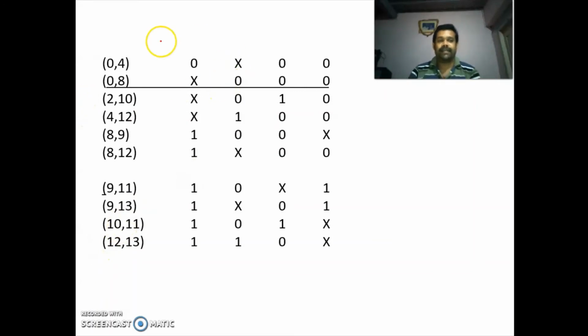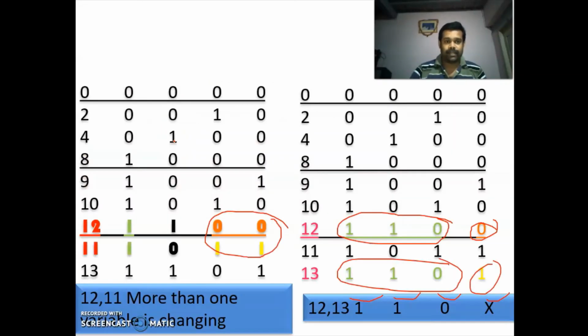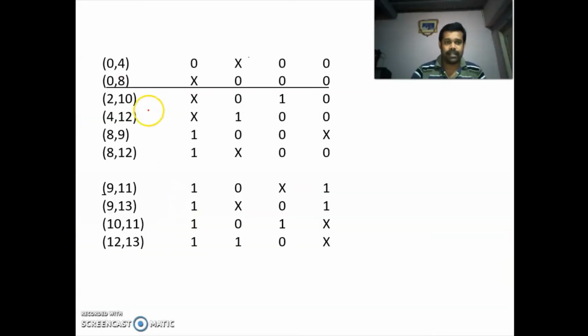Similar to the previous step, here also what we have to do is compare the line above with the line below. So you take the first one: 2, 4, 8. After completing this, you have to put a line.